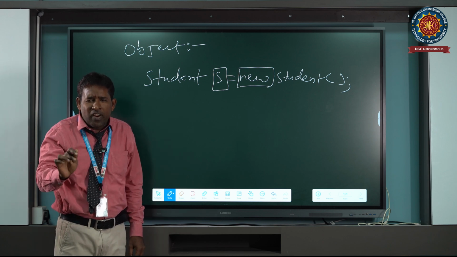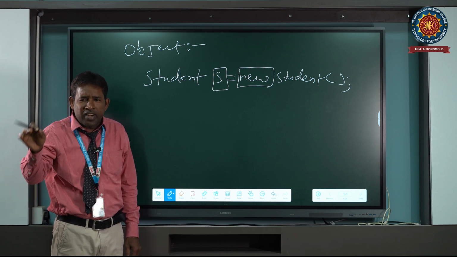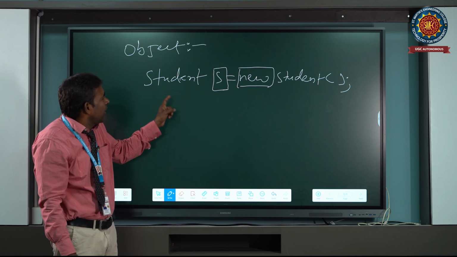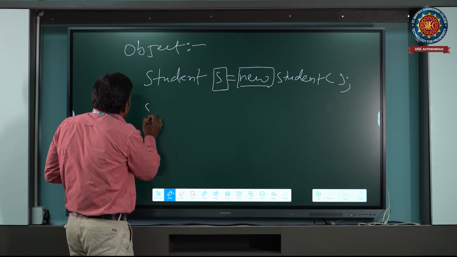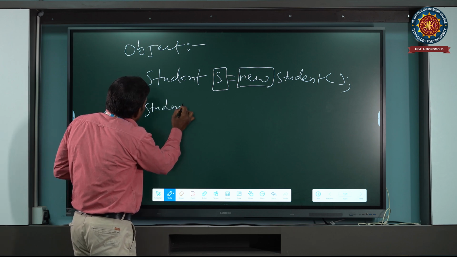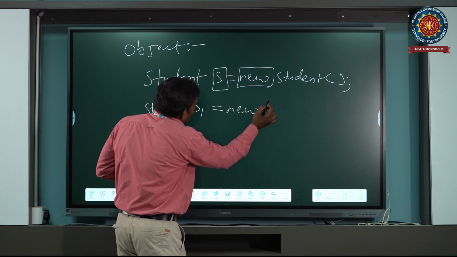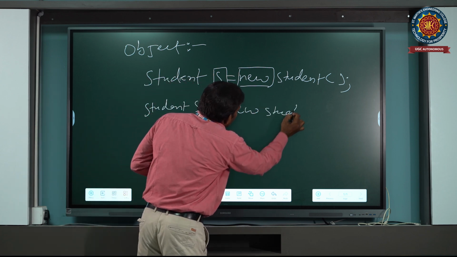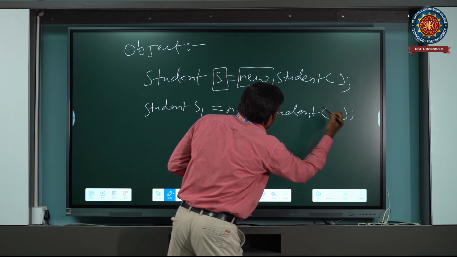A real world entity requires space. Suppose you take a bench, that is a real world entity, and it requires space. Here also, in our Student class, how can we create the student? Student s1 equal to new Student, open and close.